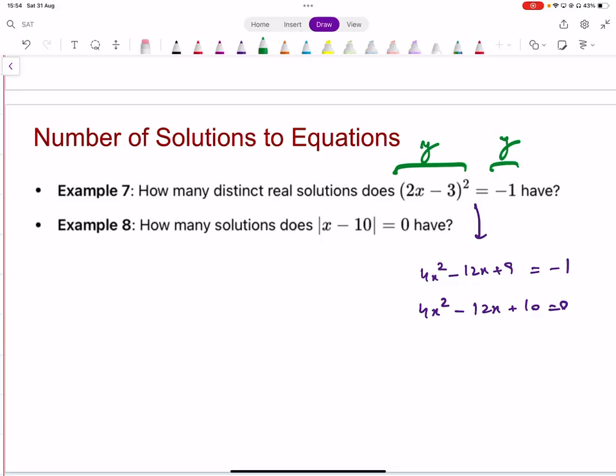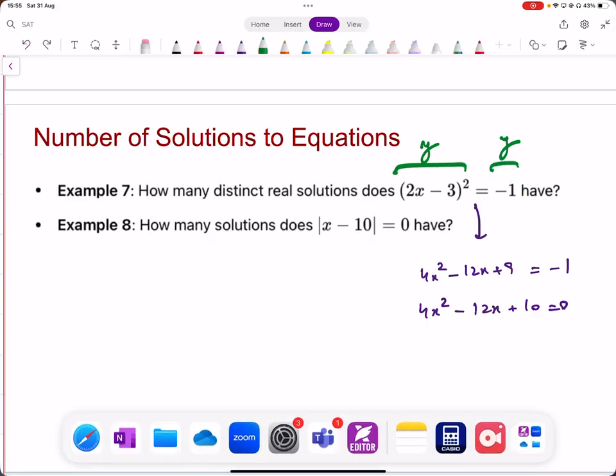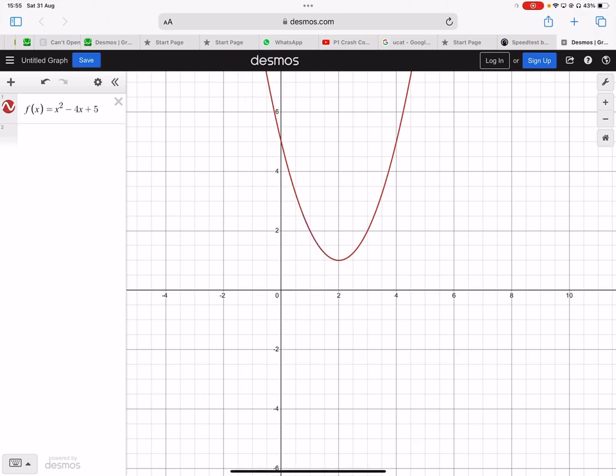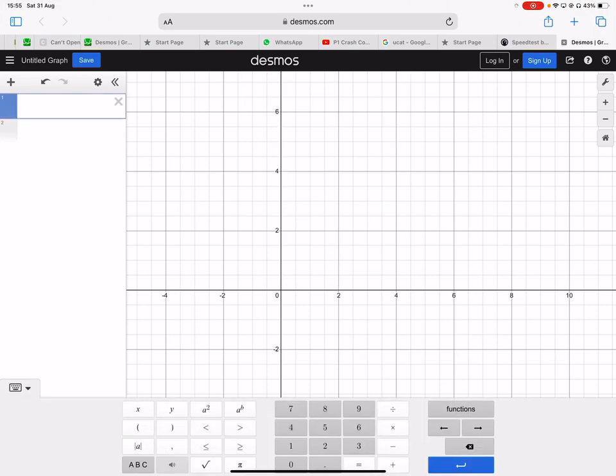You used to break them down into two parts. So you have y equals this, or you have y equals this, right? And then on the graph, you see at how many points they intersect. That's also something that you can do, in which you don't have to think much. All you have to do is go to Desmos.